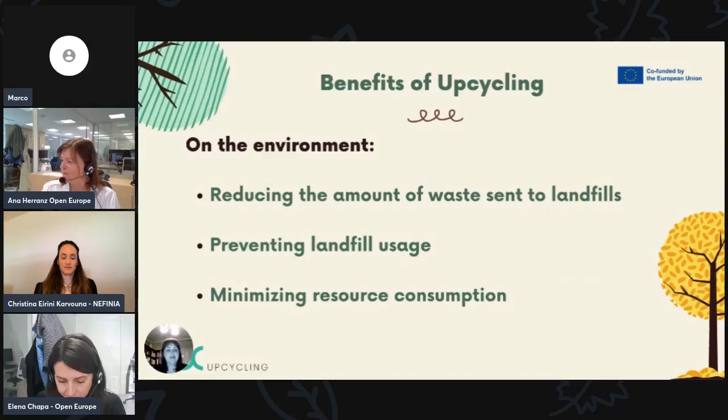There are many benefits of upcycling. First of all, there are benefits on the environment. The first of them is reducing the amount of waste sent to landfills. We purchase items rapidly, just as we dispose of them quickly due to our familiarity with the rapid mass production of goods.